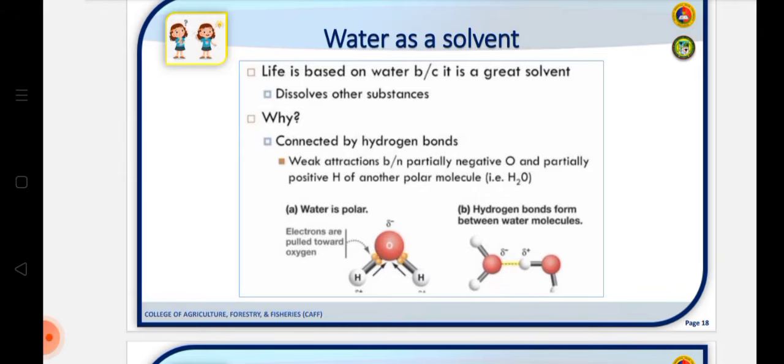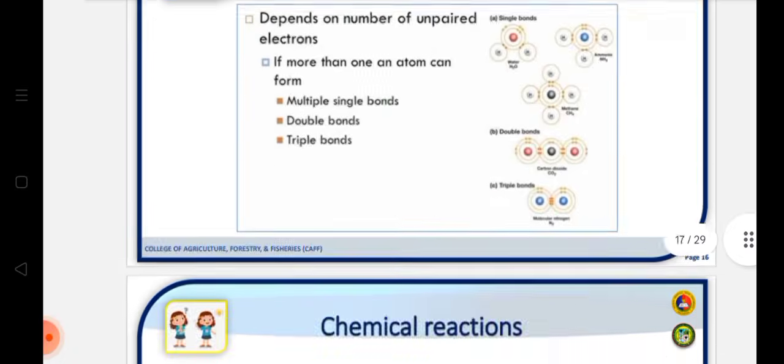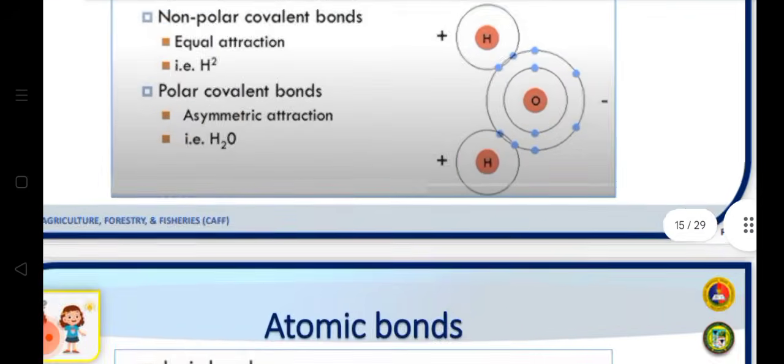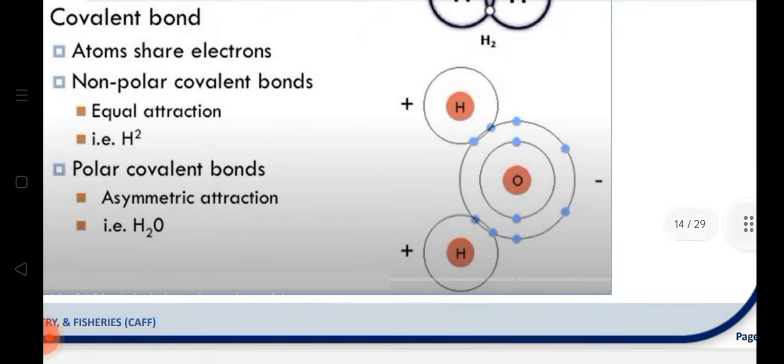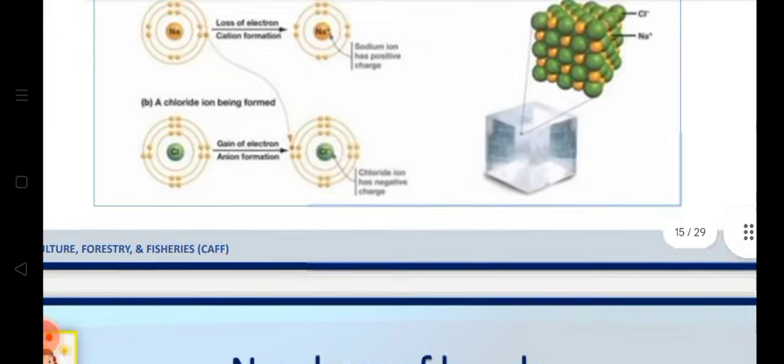Therefore, this causes oxygen to have a partially negative charge while hydrogen atoms have partially positive charges. If we go back to the shape of the water molecule, what have you noticed? Water has a bent shape, and charges are unevenly distributed, making it a polar molecule.